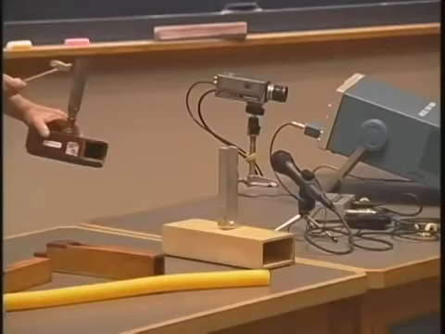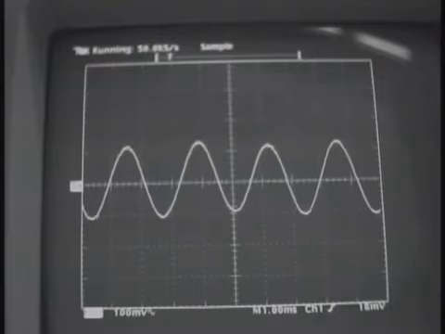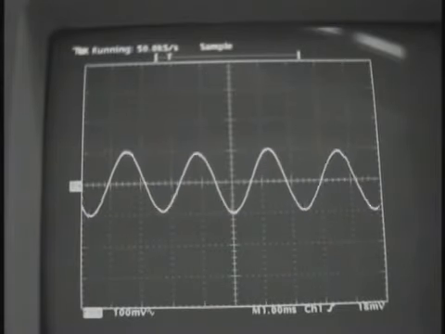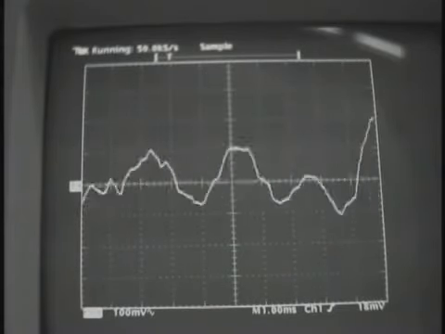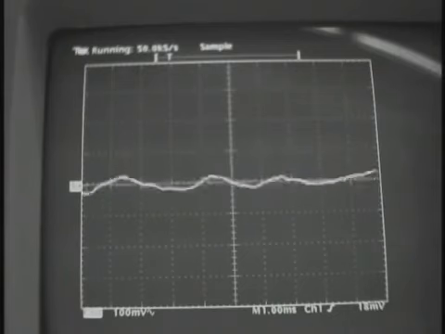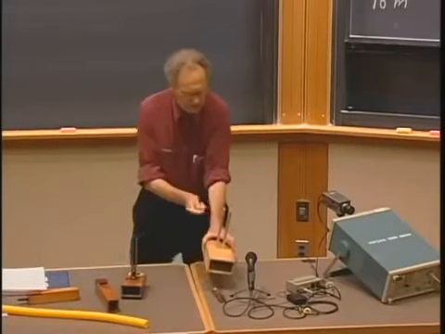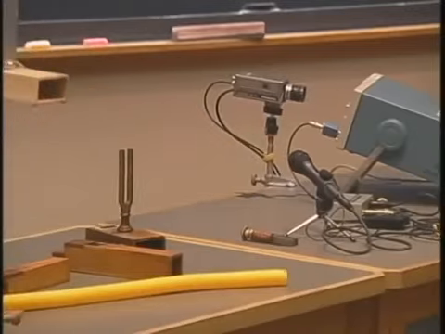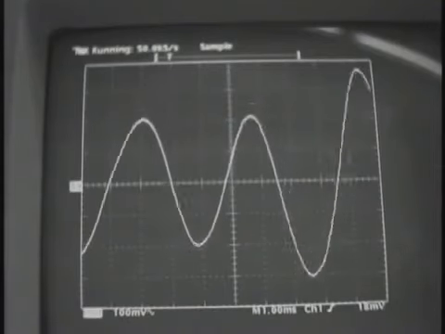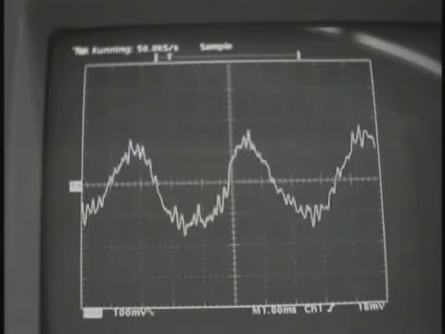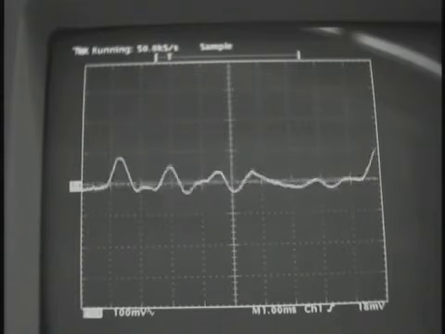Here's the microphone. Boring, just one frequency. Nothing rich about it. 256. There's no indication for any higher harmonic. That's the way that tuning forks are designed.